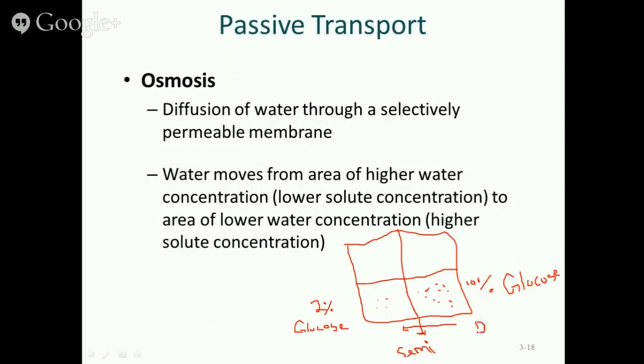Now let's look at osmosis. This rule applies: water follows the solute. Let's say this is a situation where this semi-permeable membrane will not allow the glucose to move through it, but it will allow water to pass through it.